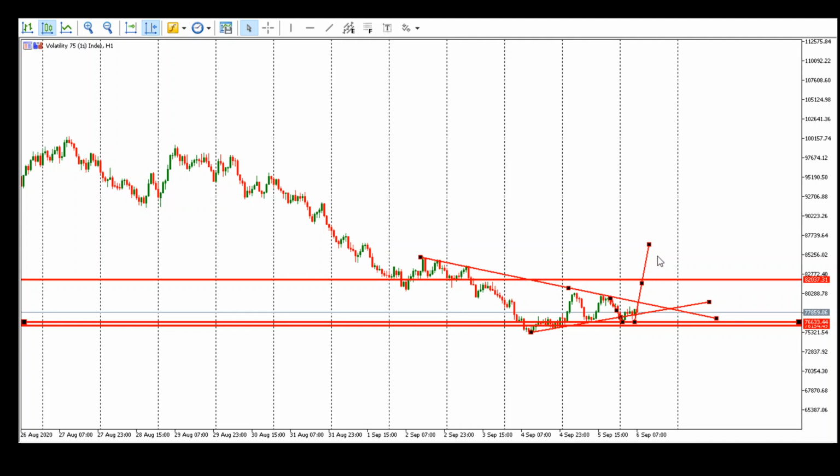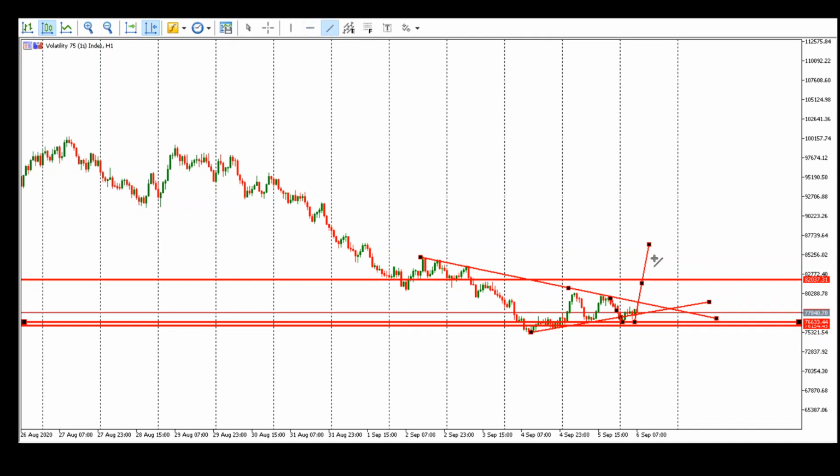Automatically, once you switch to the daily time frame, you will see that the daily candle is closing above this level, and you know there is a buy injection at this level. So on the lower time frame, you will find the candles are pushing up, so there is a breakout.